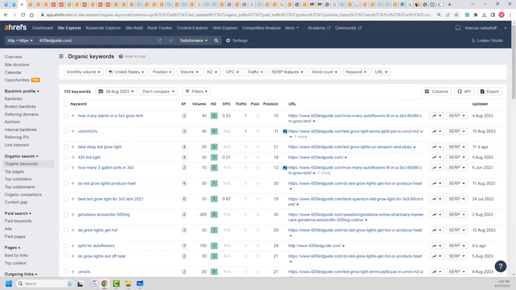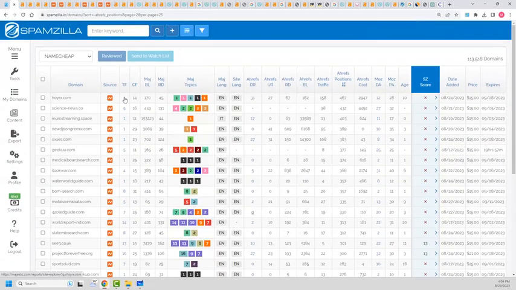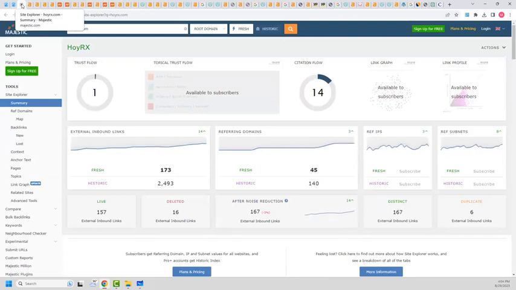Yeah. On Spamzilla, what is the deal with TF and CF ratios? I don't usually pay too much attention to these. I think it's some Majestic thing. Trust flow. I think it's like their version of the value of the domain.